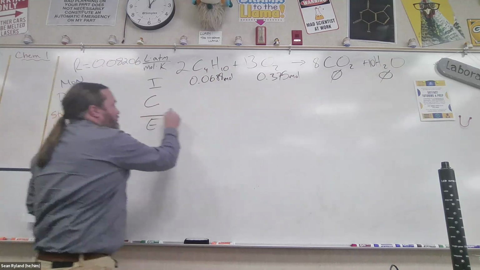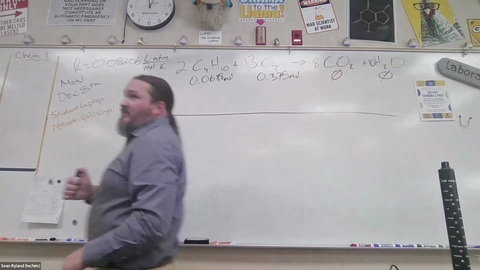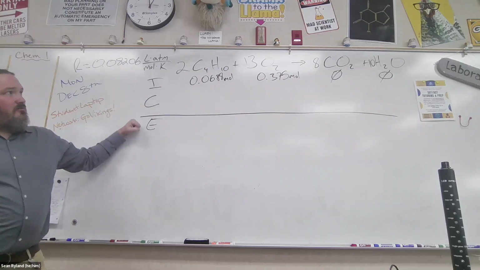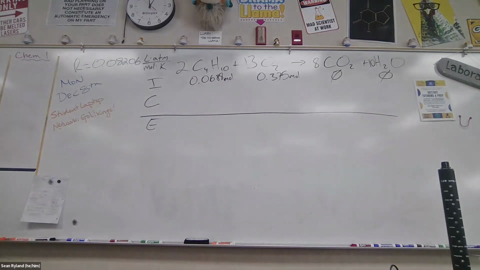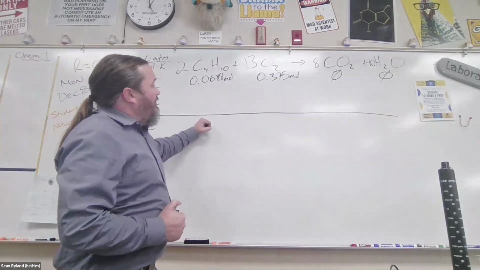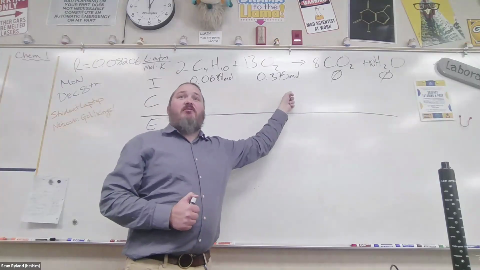The other two rows, basically what we're going to do with this table is the end component is the second column here. What do we have after the fact? Well, hopefully you were able to figure out what's going to run out first here. What's the limiting reactant?